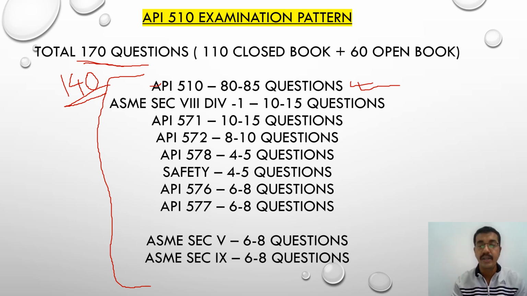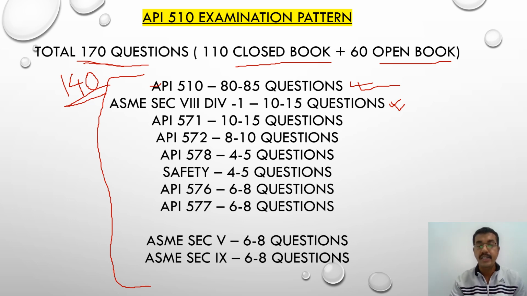When I say 80 to 85, it includes both closed book and open book. For ASME Section 8 Division 1, pressure vessels, it is 10 to 15 questions.